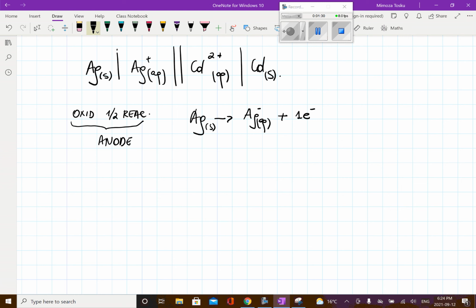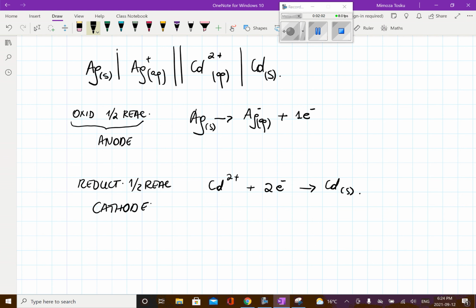Okay, and then the reduction half reaction, which is happening in the cathode, is gaining electrons, and it's becoming a solid.